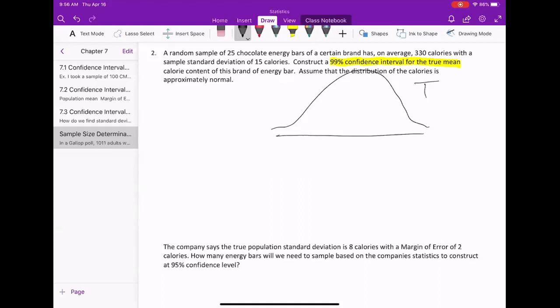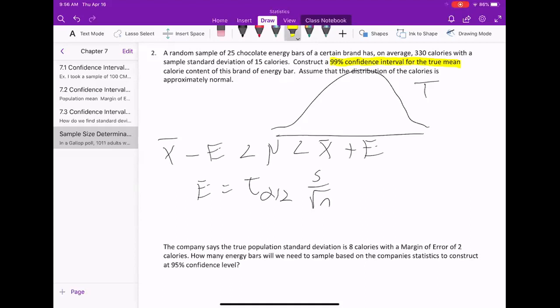So we look at our confidence interval of the mean and we get X bar minus E is less than mu is less than X bar plus E, where E equals t alpha over 2 times s over the square root of n. And that's how I know it's a t, because the critical value has a t in it.